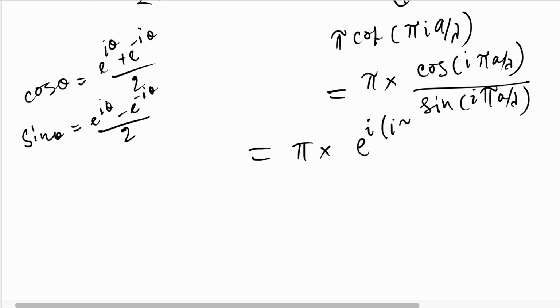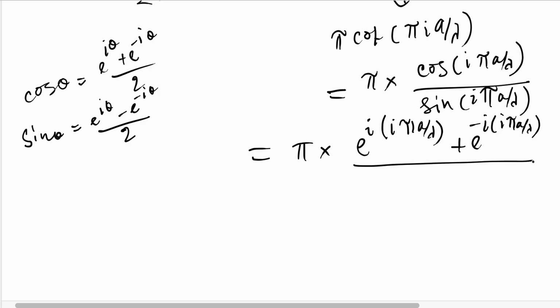I will get e to the power i pi a by lambda plus e to the power minus i pi a by lambda, over e to the power i pi a by lambda minus e to the power minus i pi a by lambda, and here there is a 2i, so i will be multiplied here.